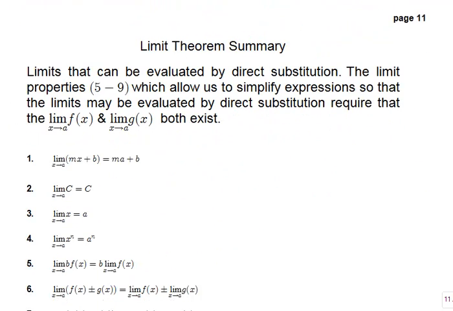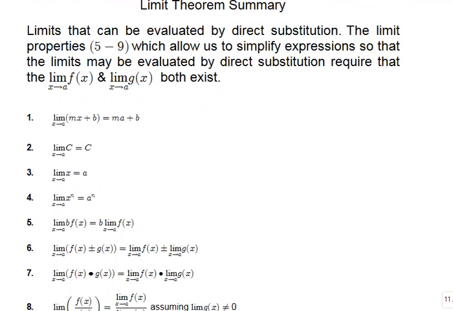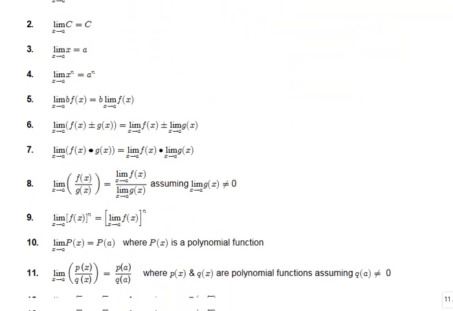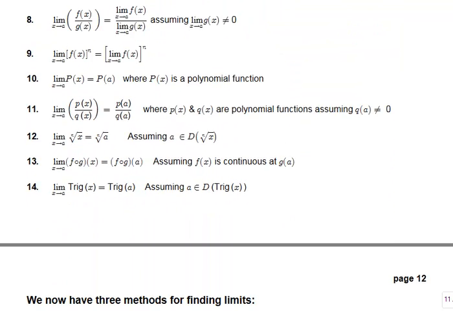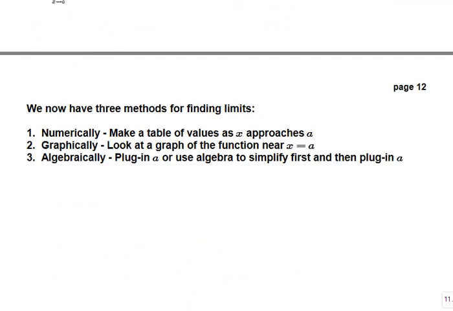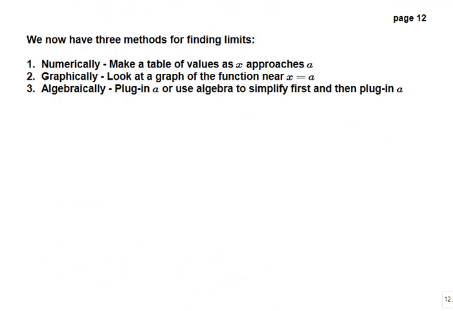All right, just to summarize, I'm not going to read through all of these, but this last page of notes here just lists all of our limit theorems that we've talked about today. And then on the very last page here, just a summary of all of our different methods for finding limits. You can find a limit numerically by making a table of values and picking x's that are really, really close to a.